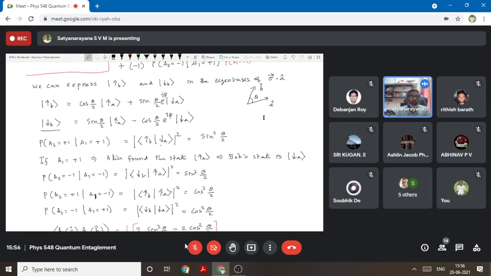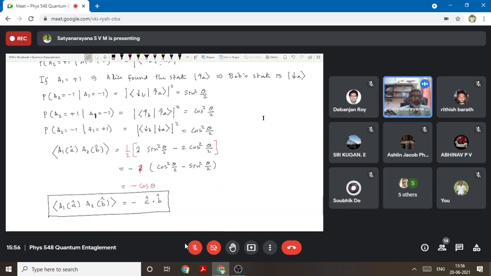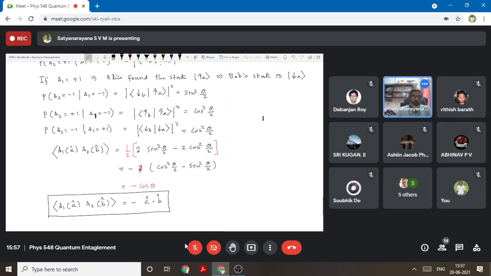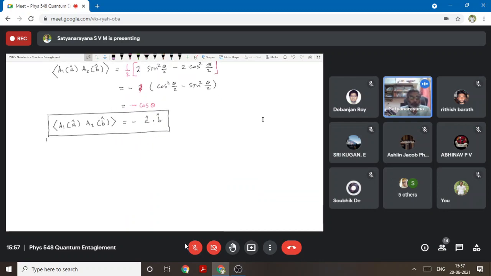That is why I am trying to familiarize you with the way this is done using quantum mechanics. So this result is there, let us keep this result.